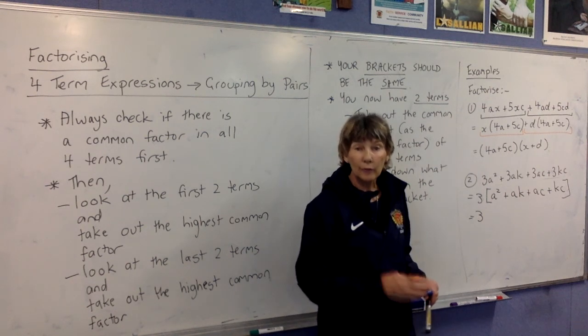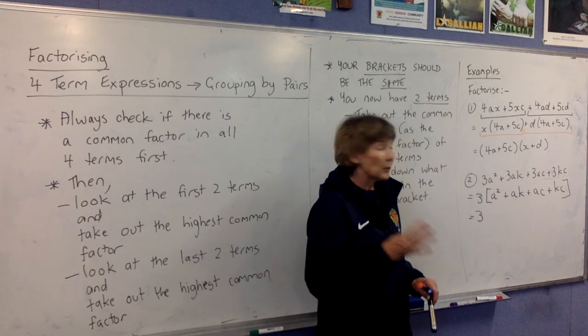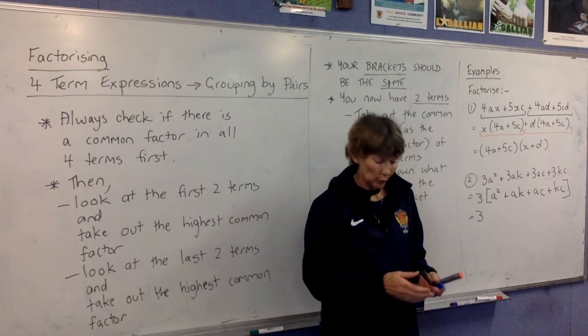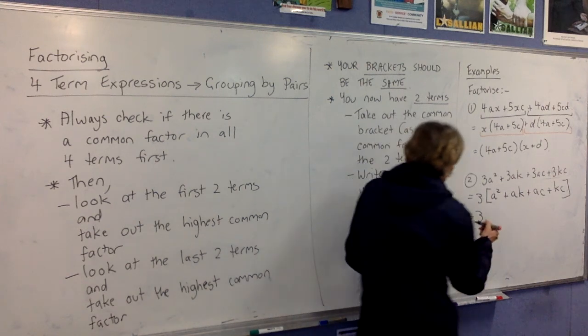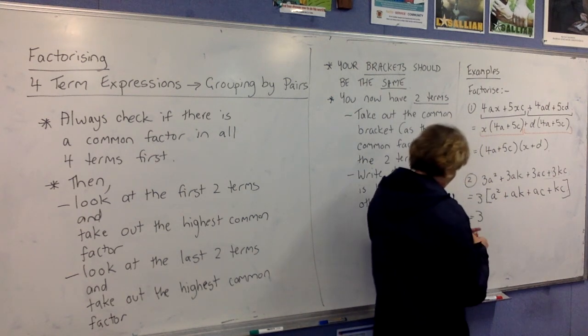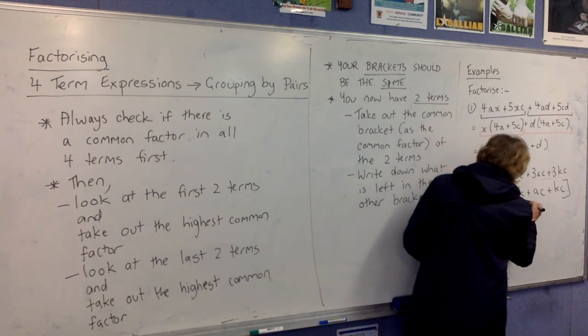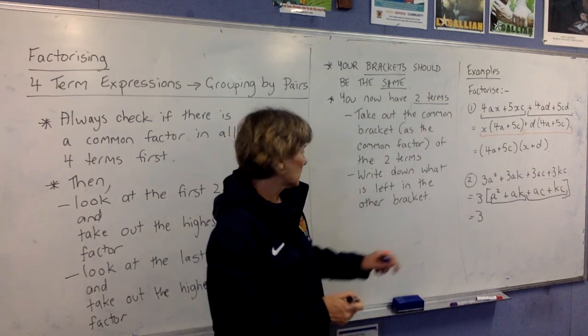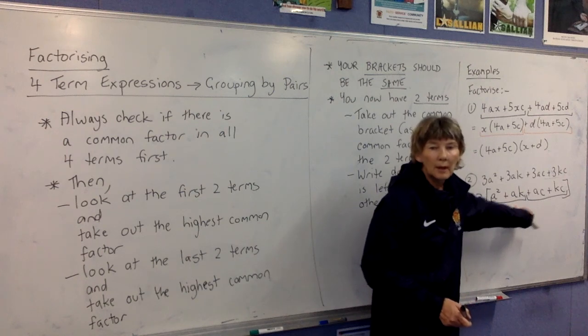Inside the bracket we have 4 terms. We've already taken out the common factor for the whole 4 terms. So now we're going to do the grouping by pairs method. So we're going to underline the 2 pairs, the first 2 terms and the second 2 terms.